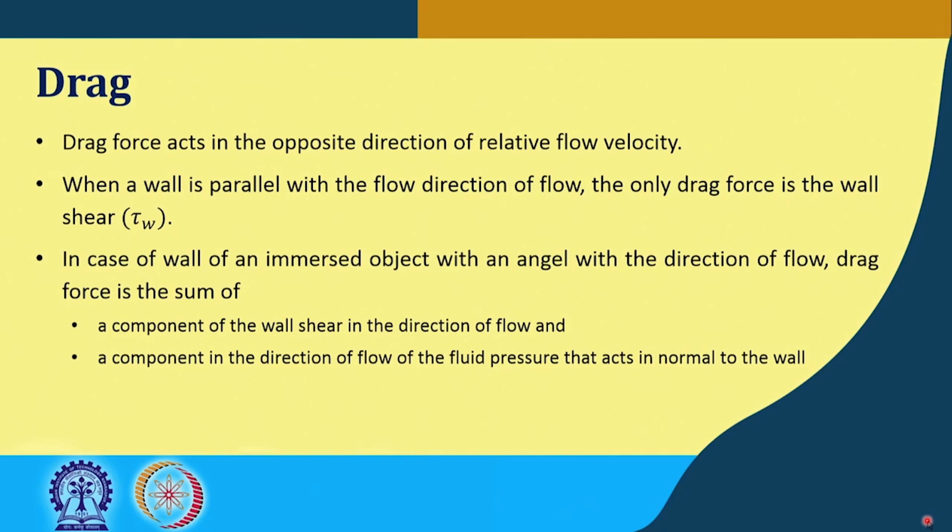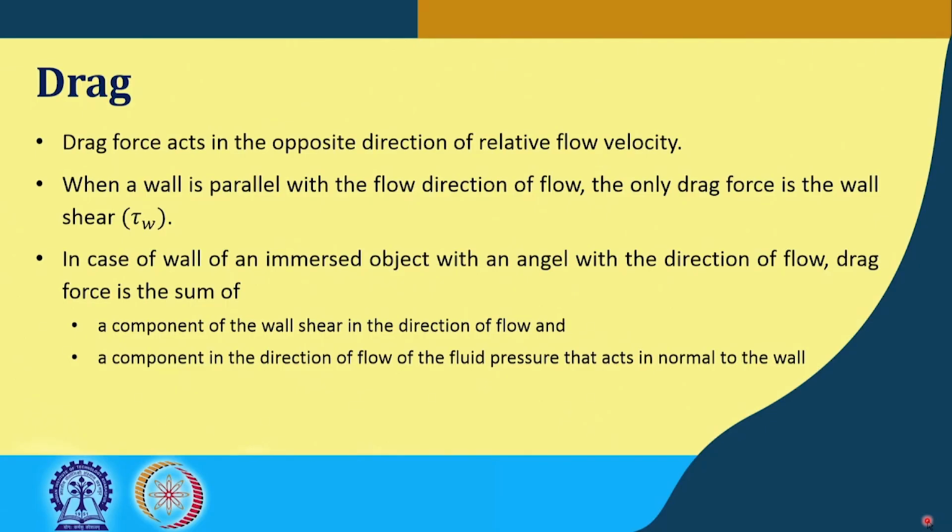So what is basically drag? That you already know, so this would serve as a refreshing lecture to your knowledge. This drag force is basically some force that acts in the opposite direction of relative flow velocity.